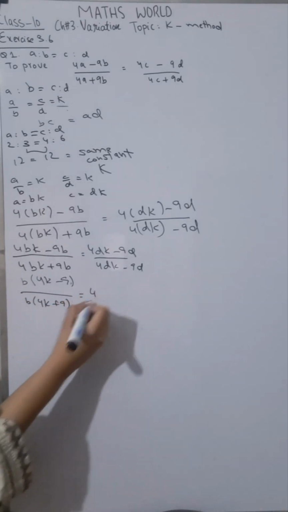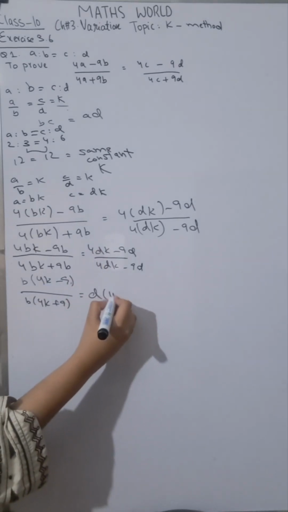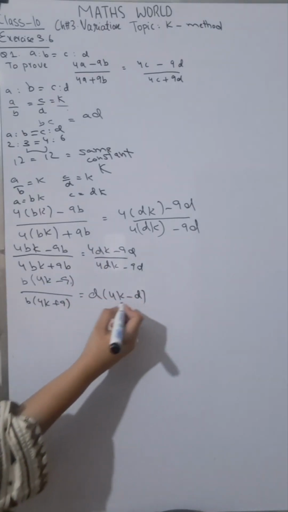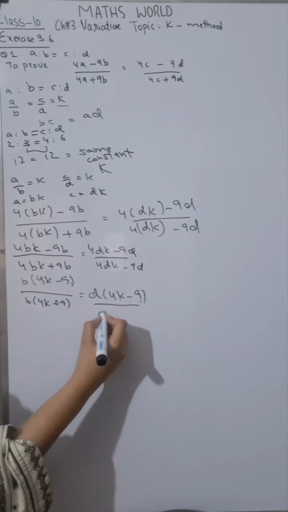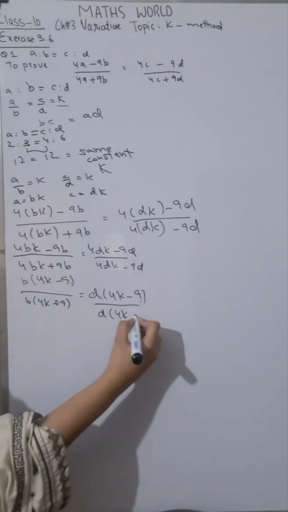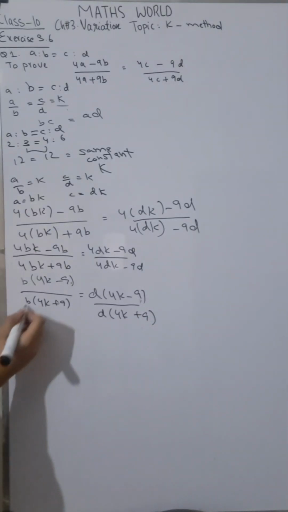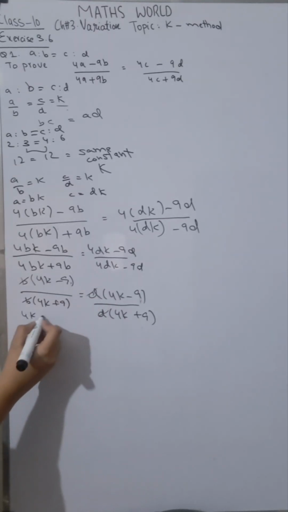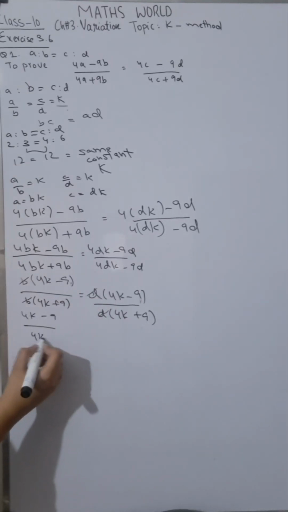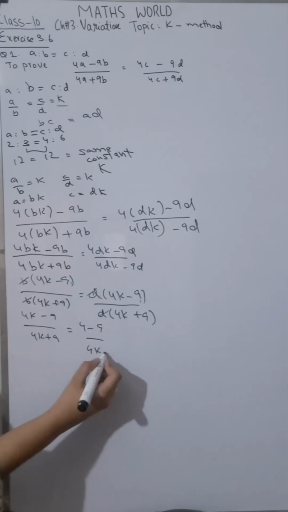Here also, the common factor would be D: D times (4K minus 9) divided by D times (4K plus 9). B cancels, D cancels, and you will get (4K minus 9) over (4K plus 9) on both sides.